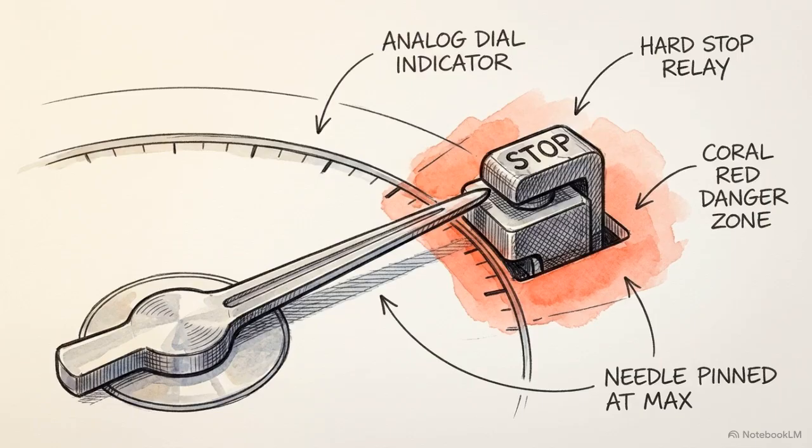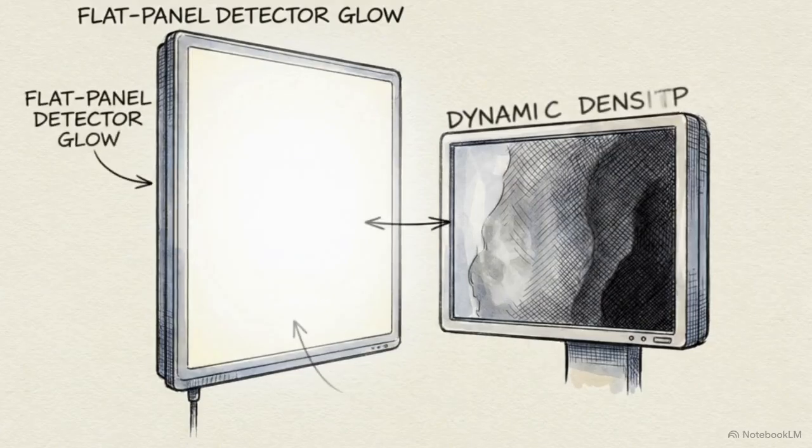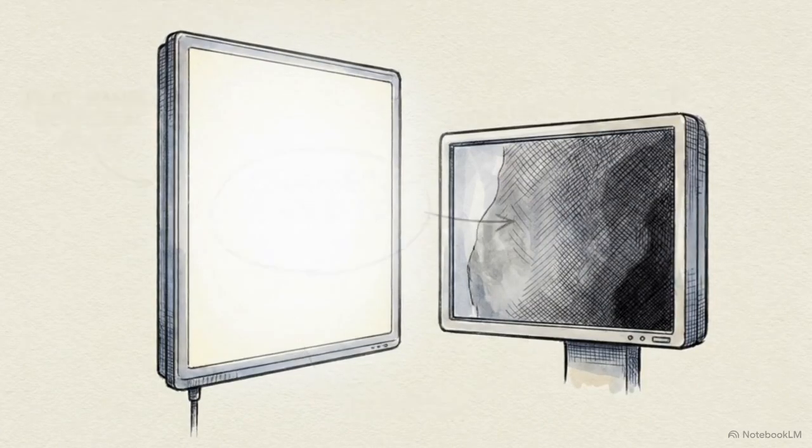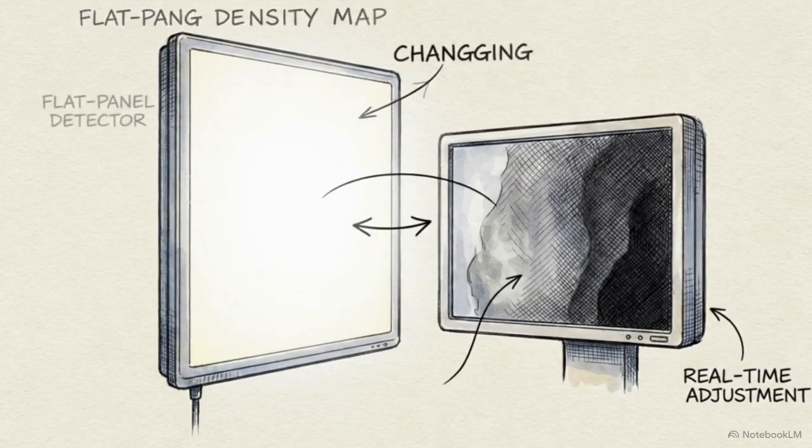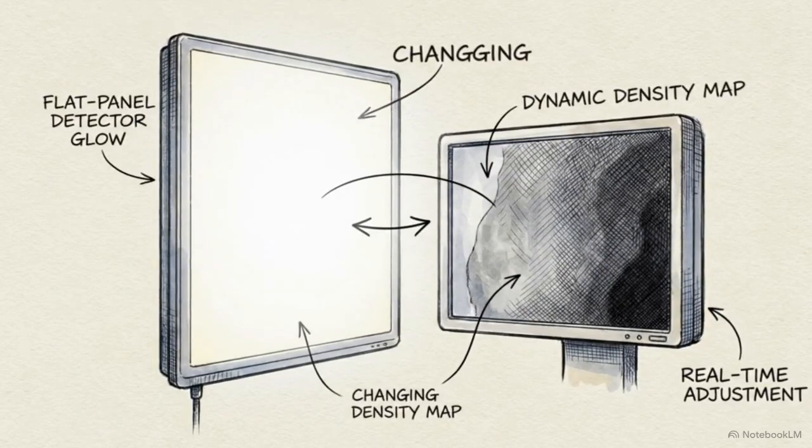Historically, automatic exposure control, or AEC, evaluated density to stop an exposure and prevent overexposed film. Modern digital AEC uses a rapid pre-exposure to run precise density checks, evaluating the rate of beam hardening and dynamically altering the dose rate.